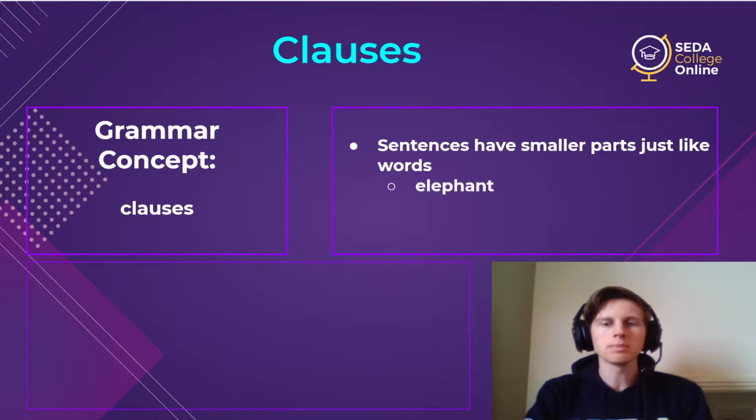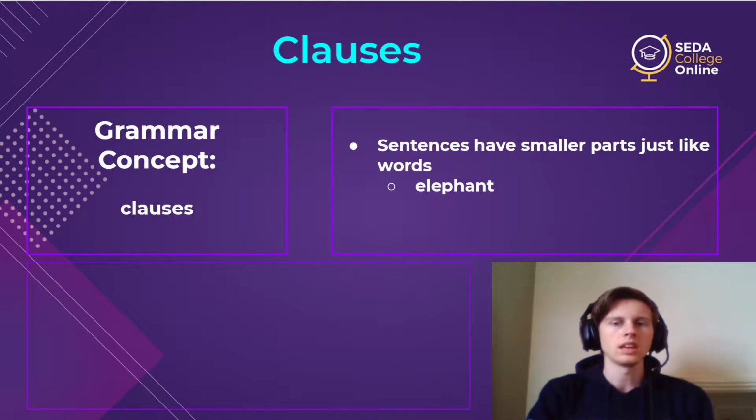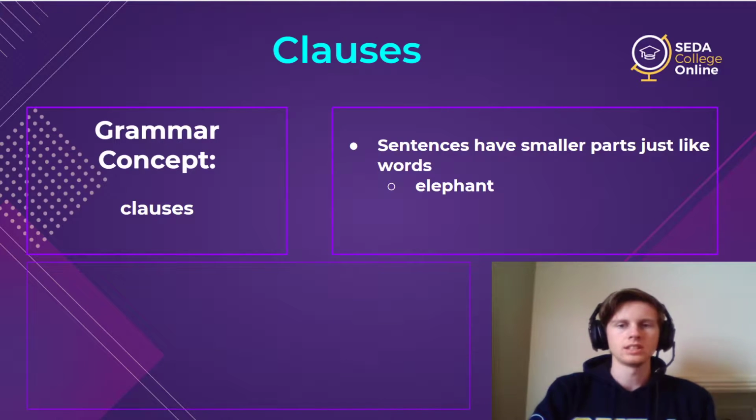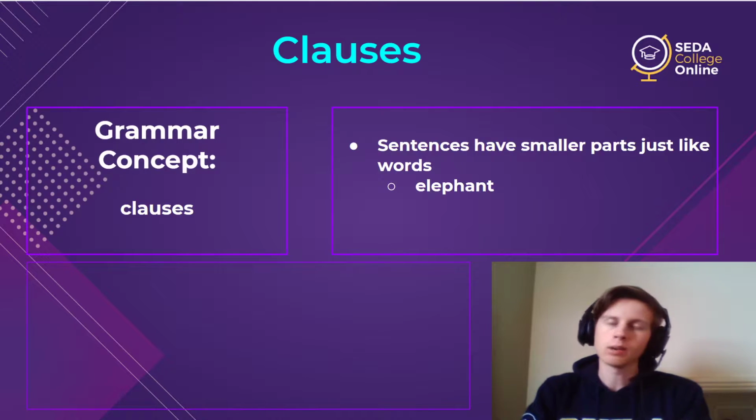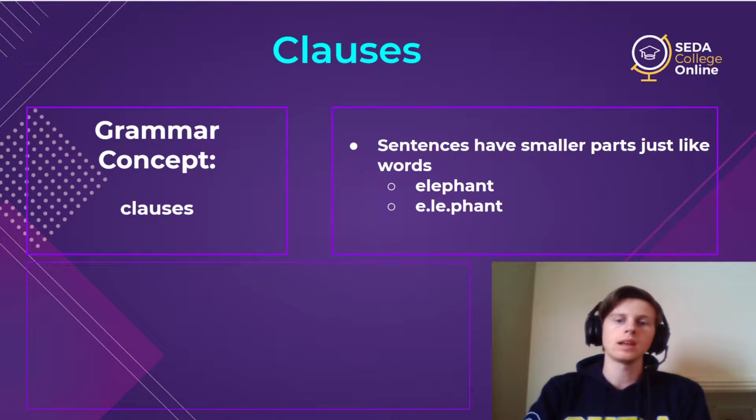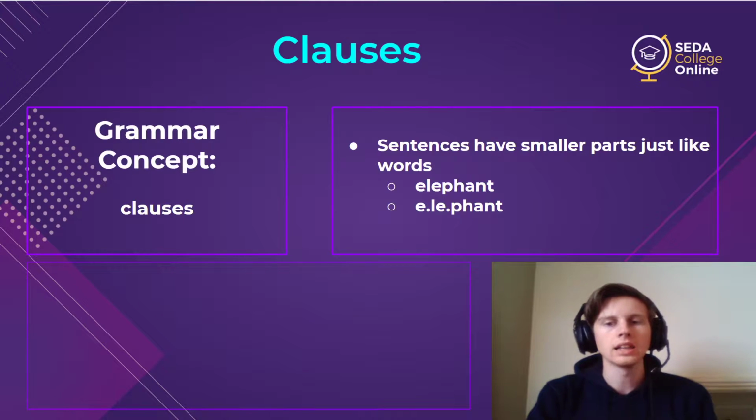So, think about the word elephant. If you look at the word elephant, that is the complete word. But I can take that word and break it into smaller parts. I can put it into syllables. So now I know there are 3 syllables in this word, elephant.